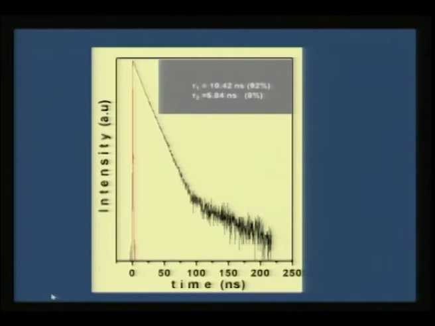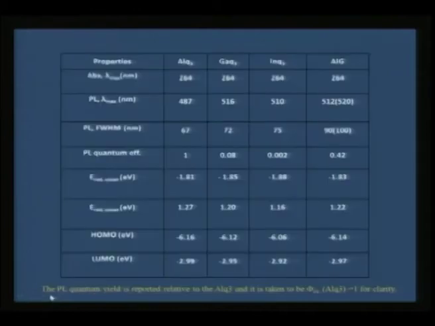You can also try to fit this to a double exponential decay. You can see two components, tau 1 and tau 2, mostly coming from the quinoline moieties, and these are some of the data that we can agree upon to see how the solid solution is performing in comparison to the individual molecules.